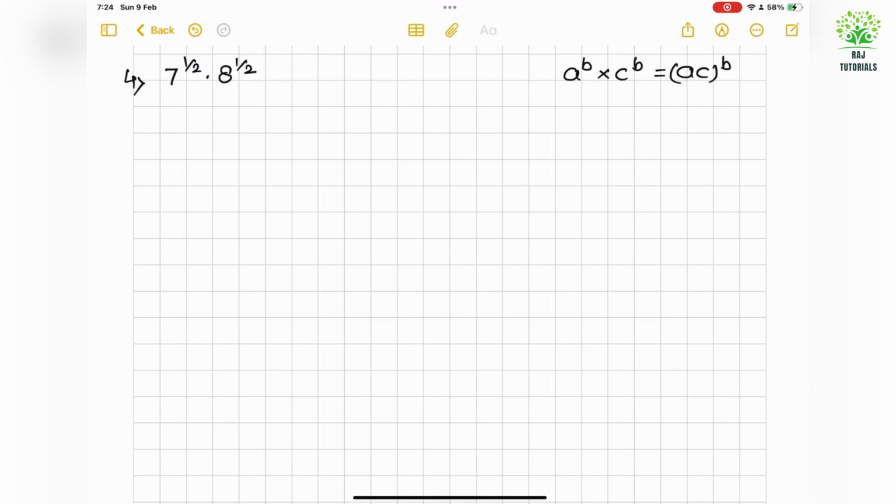So I have to just multiply the base and whole raised to the power. So here (7 into 8) whole raised to 1 by 2. So now 7 multiplied by 8, I will get 56. So that will be 56 raised to half.